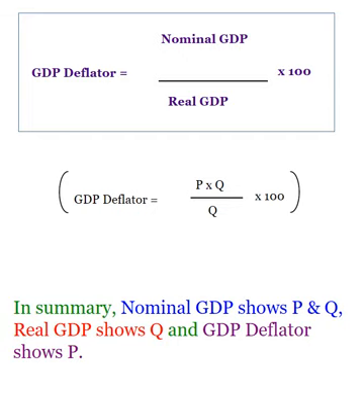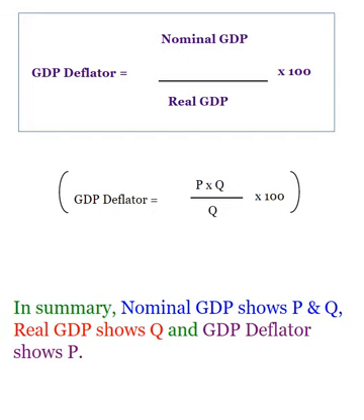Here we have the official equation for the GDP deflator. It's the one at the top in the box. Nominal GDP divided by real GDP times 100. And so below in the parentheses, we have what I was showing you before on the last slide and why this works.